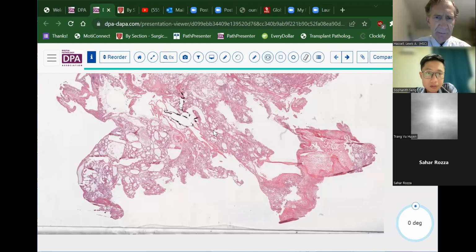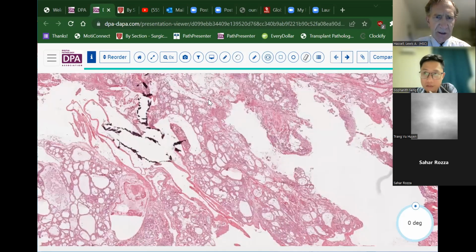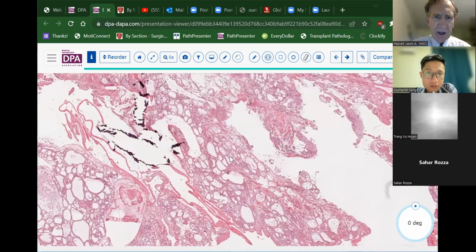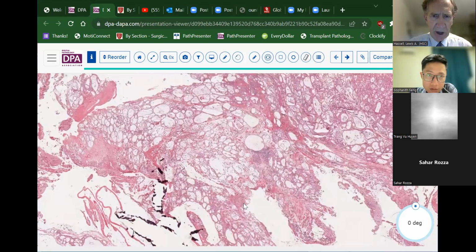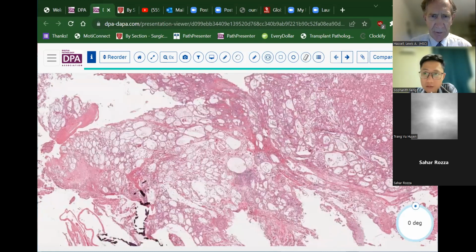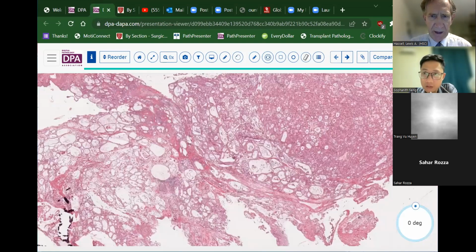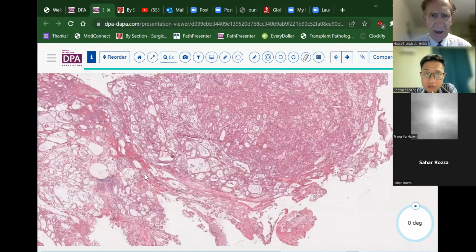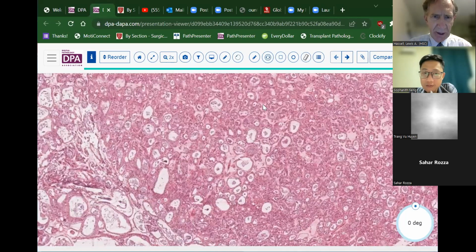And so this is something to think about, the kinds of tumors that give you those kind of open spaces. And we also see maybe some inflammation and a little bit of fibrous tissue, and then more cellular areas here. So we'll go down a little bit on this more cellular area.